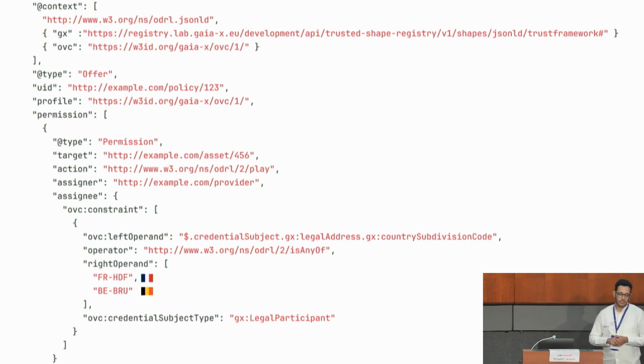More specifically, the attribute on the OVC left operand is credential subject type, legal address, country, subdivision code. So we are targeting any of the following, which are addresses in the ISO 3166, I believe. Maybe I missed the exact ISO. Here we are targeting the regions of the north of France and Brussels in Belgium.